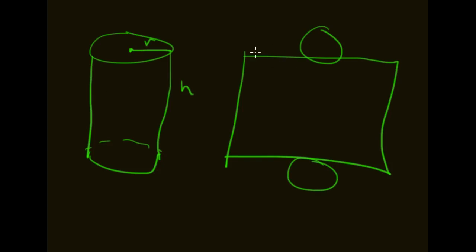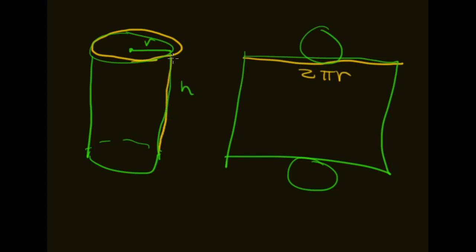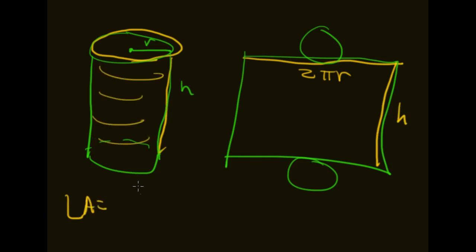This here is this, so that's the circumference of the circle. That's 2 pi r. This is this, so that's still the height. So the lateral area, the area on the side, or the area that would be taken up by the label, is 2 pi r times h.